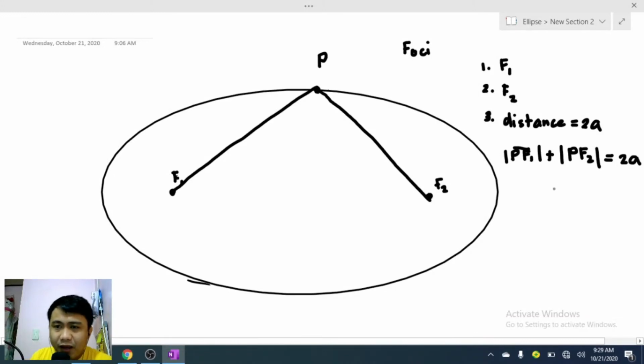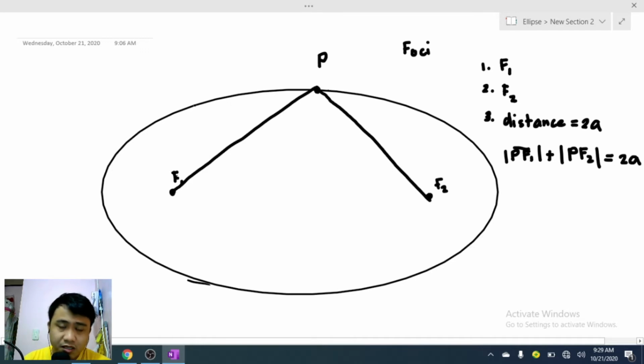Paano yan, sir? Paano naging definition yan? Kasi nga, kahit anong point ang kunin natin dun sa ating ellipse, ang mangyayari ay yung sum nung distance from that point to our foci, si dalawa, ay equal parati sa 2A. Okay?